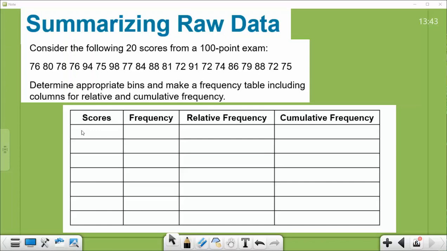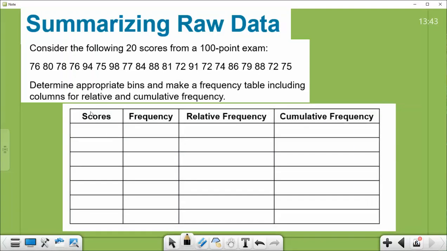So let's do 5 points for our bins here. Let's say 95 to 99, 90 to 94, 85 to 89, 80 to 84, 75 to 79, 70 to 74.